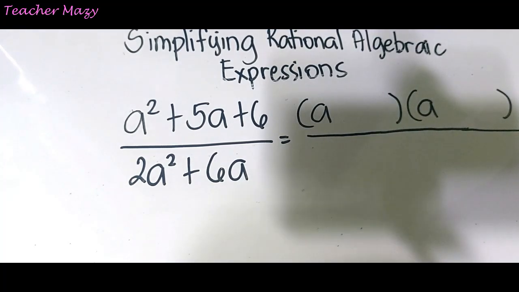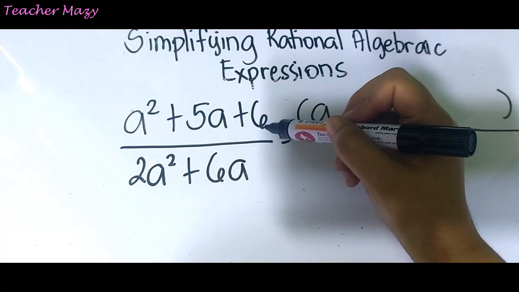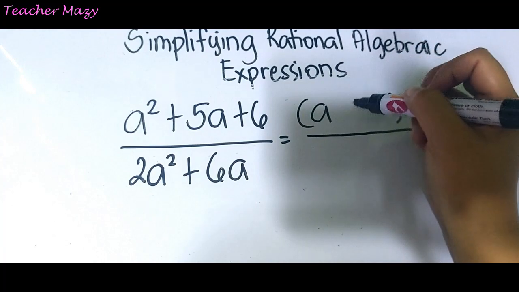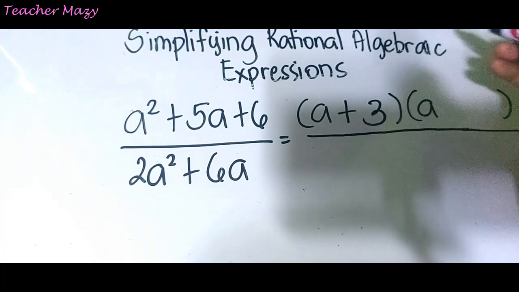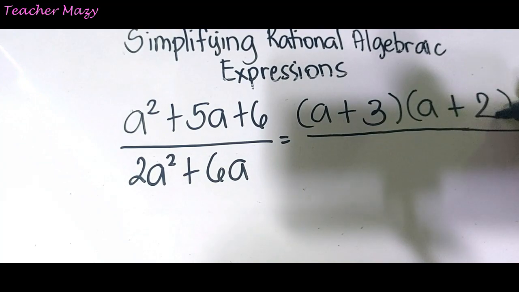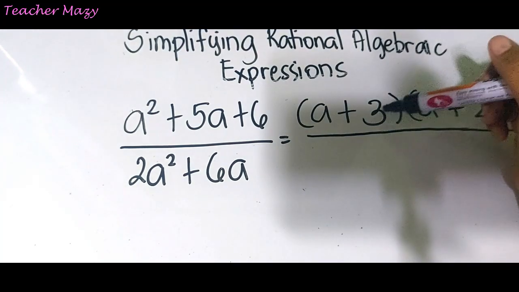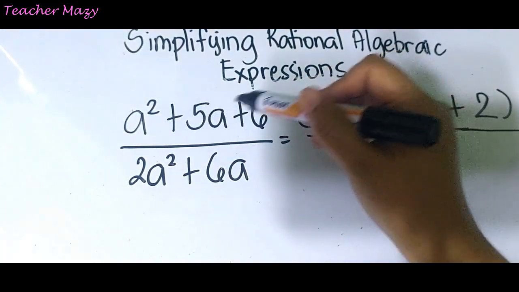This is factoring a quadratic trinomial. Okay, next we need to write the factors for 6. That should be plus 3 and then plus 2. So these are the factors for our numerator here.